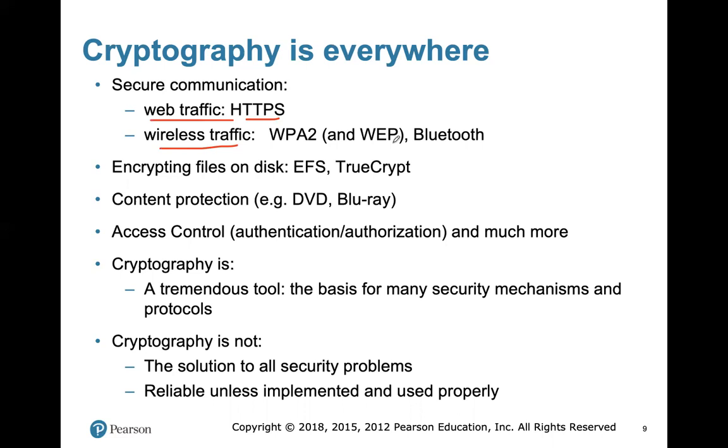It means that if I'm connected to, let's say, a wireless node or access point, and you are connected, by nature, we can see each other's packets. I see your packet, you see my packet. So there should be some type of protection, and encryption is a very good thing for that.